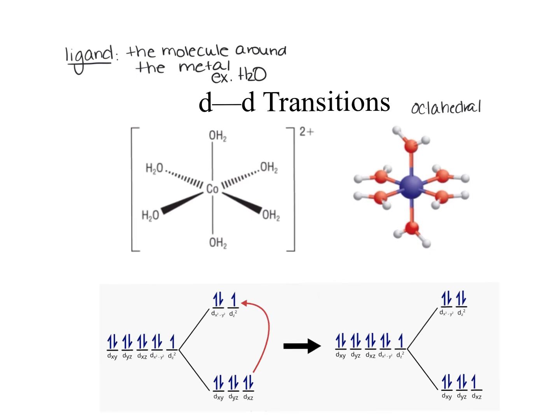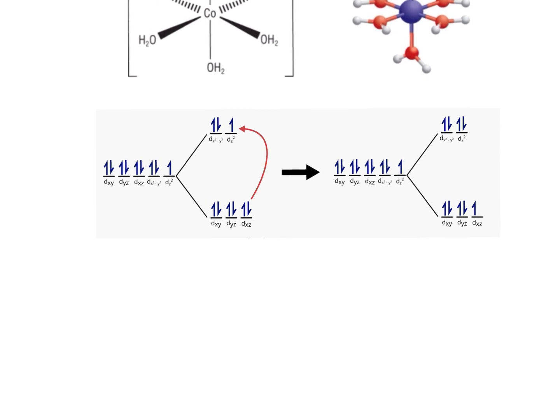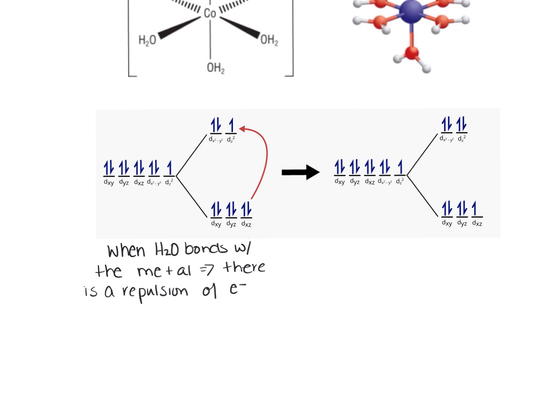So when water bonds with the metal, there is a repulsion of electrons, and the d orbitals split, right? 2 are at a higher energy.